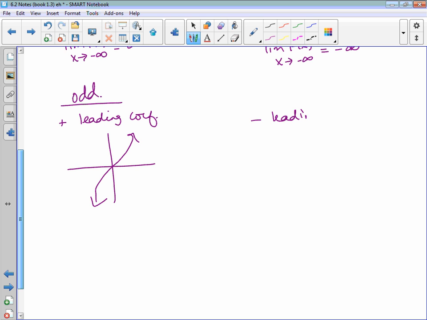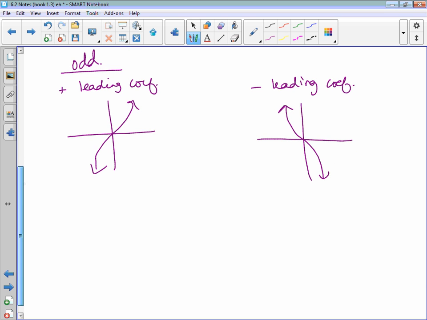And then a negative leading coefficient, we just have to flip. And then same idea, limit notation here. So the limit of our function as x approaches infinity, as x approaches negative infinity.